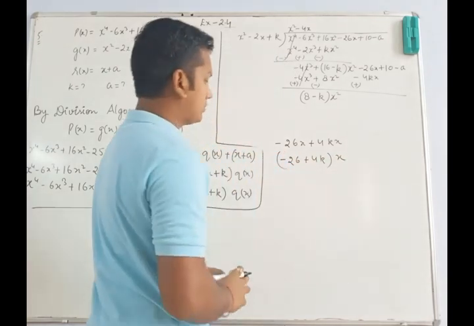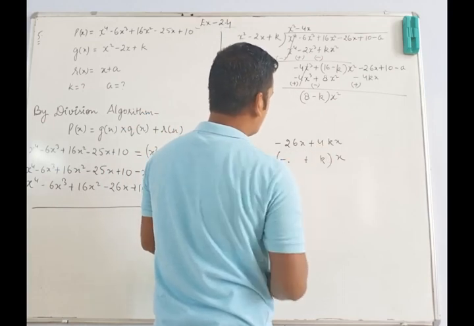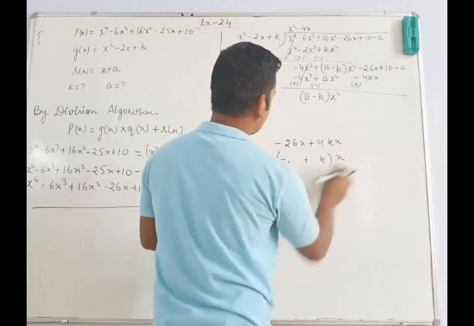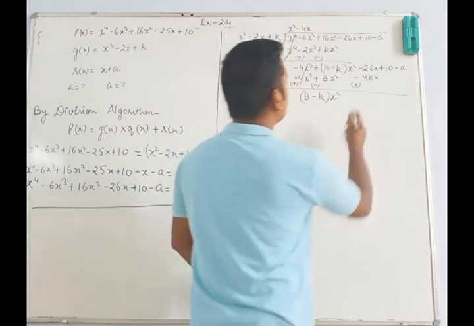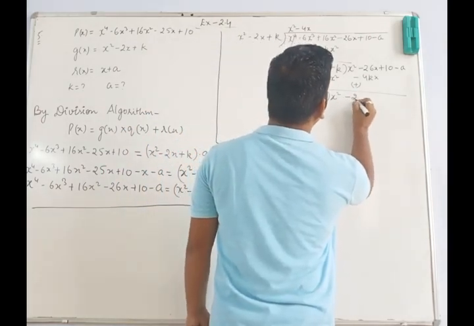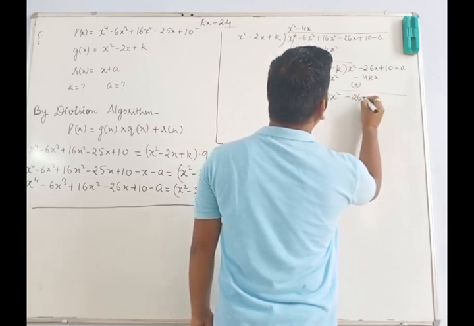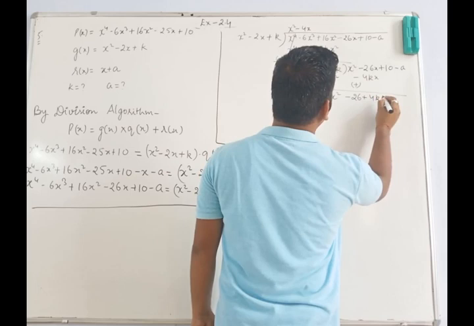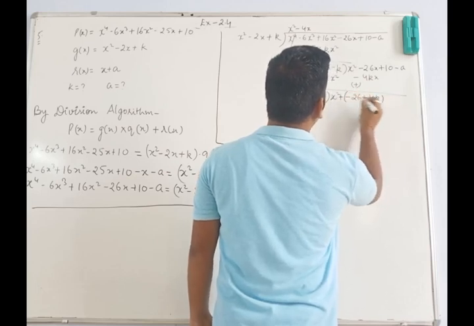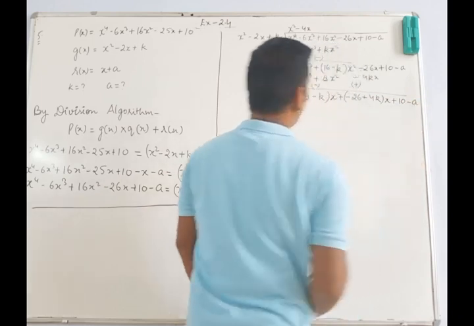For more, we can take 2 as common, or let it be like this only. So (minus 26 plus 4k) x plus 10 minus a.